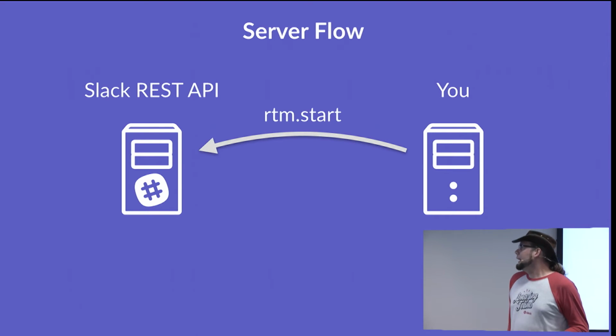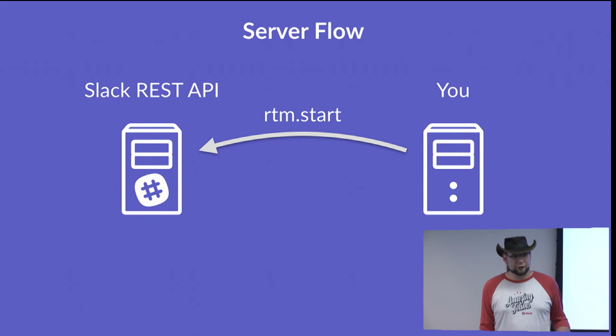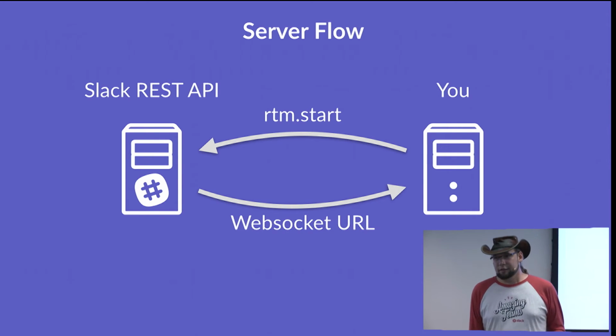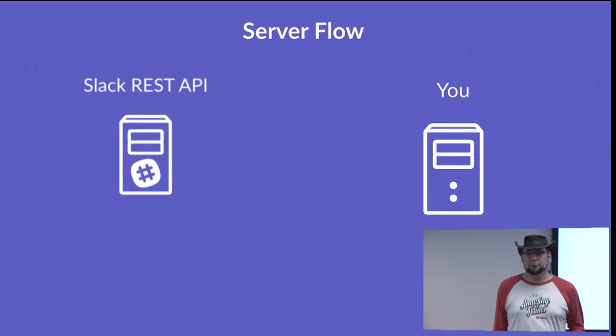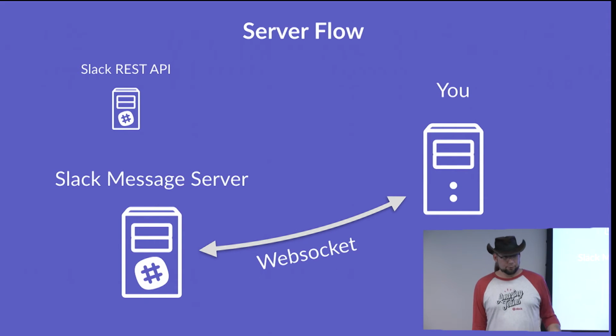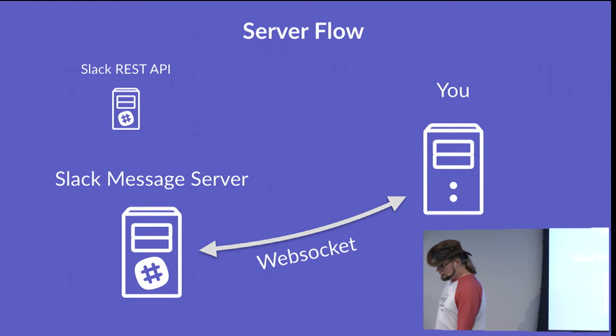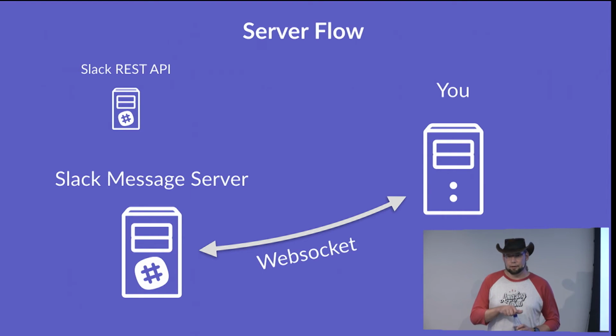Instead, we have a particular API endpoint that your bot user will call to initiate a connection, and it's going to send back a URL to a WebSocket that needs to be opened. You need to connect to that WebSocket, and then you need to hold that WebSocket open. Right, and that WebSocket represents the bot user's connection to Slack as a service. This is exactly how our clients operate, and it's exactly how bots operate. Like I said, there's almost literally no difference between the two.